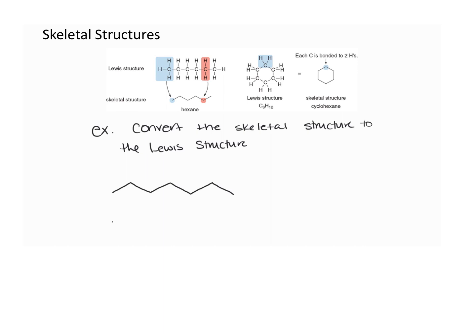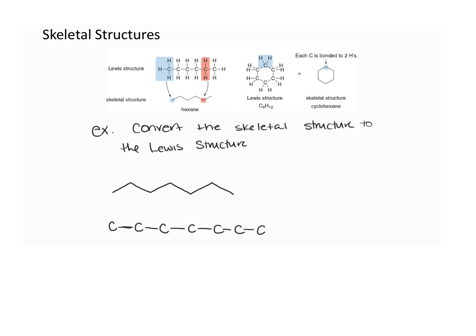And I say, okay, hey, look, there's 1, 2, 3, 4, 5, 6, 7 carbons. And I write my carbons down first. 1, 2, 3, 4, 5, 6, 7. Then I say, all right, I know that these carbons are connected here.